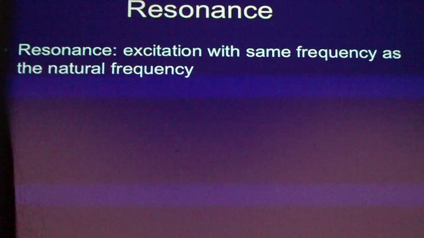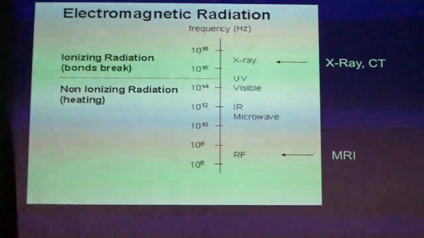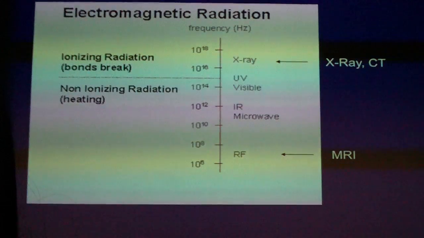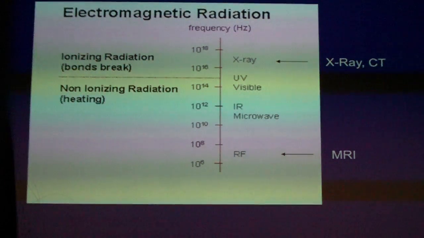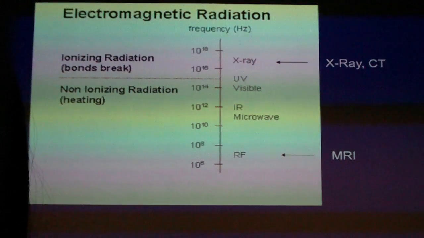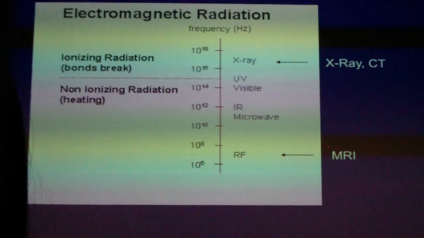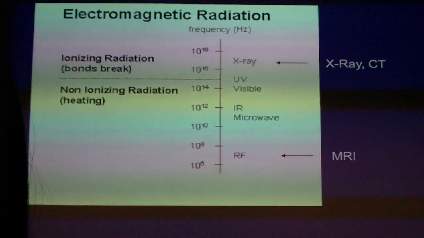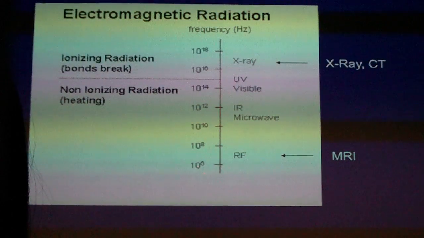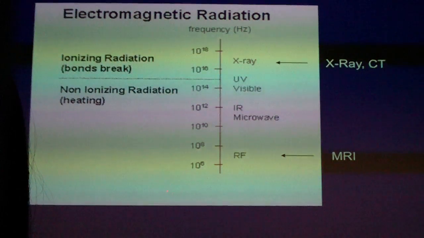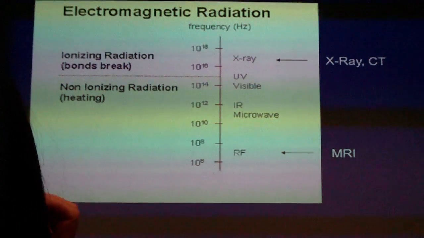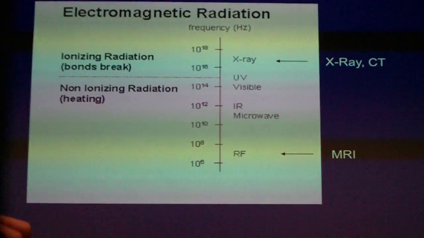And so if you look at this one first. If you look at the electromagnetic radiation that is used, so the pulse that we give to change the direction of the magnetization, you will see that with MRI, you use radiation in this range of energy. If you see here, this is a logarithmic scale with the frequency. So the higher the frequency of electromagnetic radiation, the higher the energy, right?